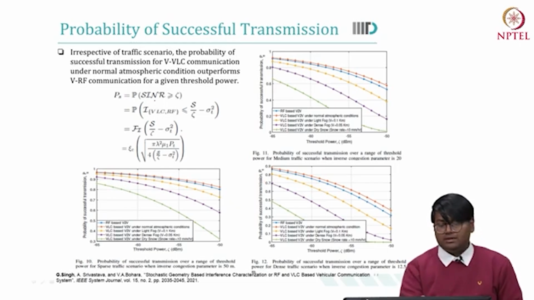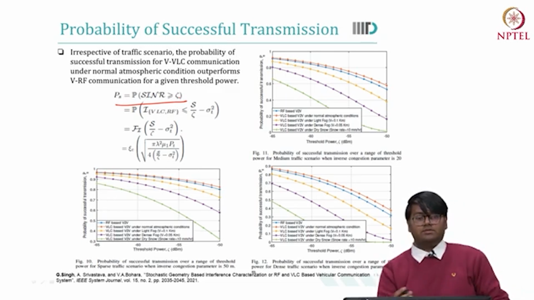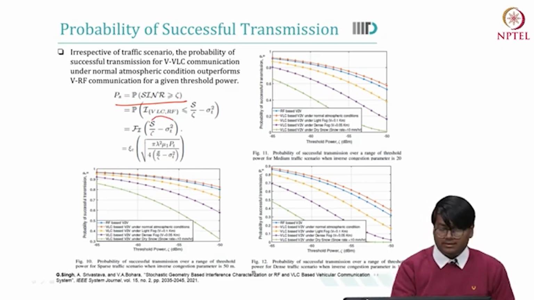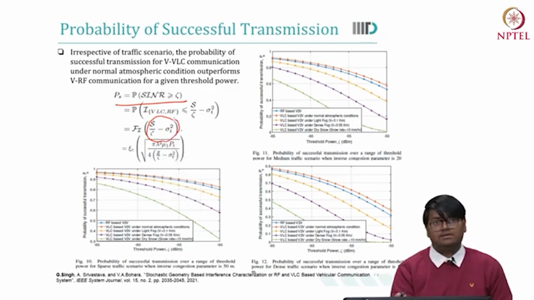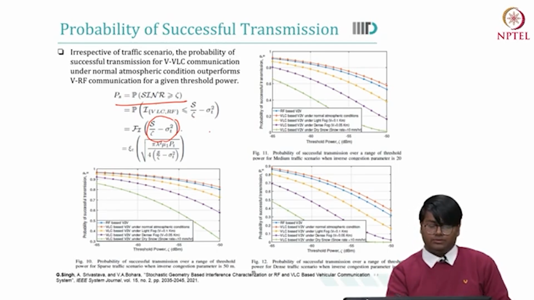This is how we define the probability of successful transmission. It is basically the complement of the outage probability. This can be expressed in the form of the CDF function, evaluated under these conditions. S is the desired signal power, zeta is the SINR threshold, and sigma square T is the total noise variance.